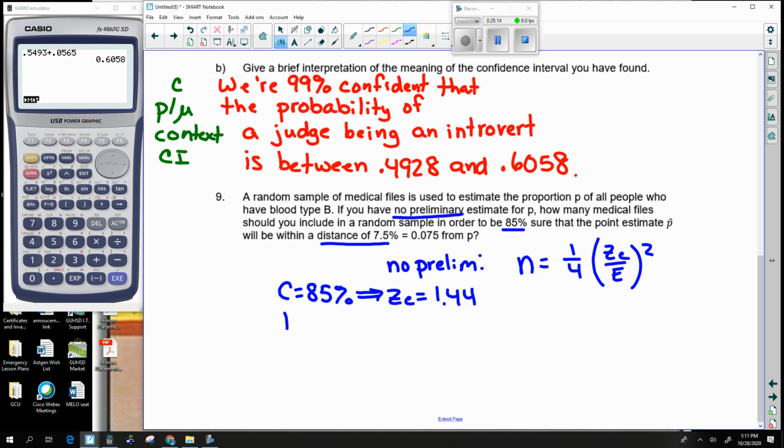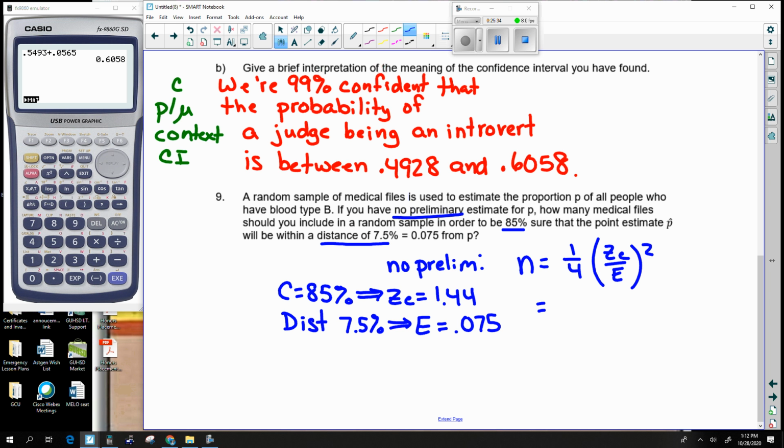And then the distance from the actual average is 7.5%. All right, so that means E is 0.075. Okay, that's what E is.